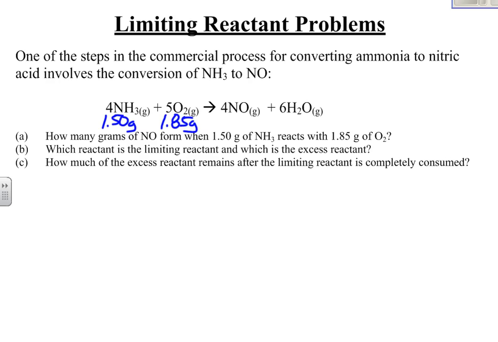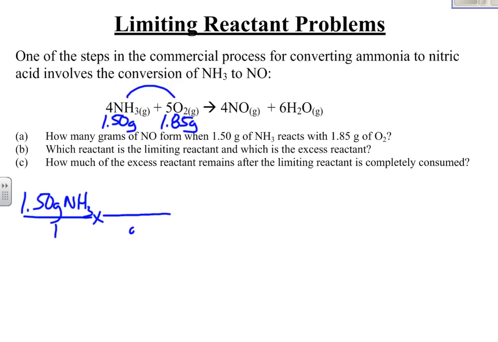And all we do there is we choose one of them and figure out how much of the other one is needed. So I'm going to start with the ammonia and say that if 1.50 grams of ammonia reacts, I'm going to try and determine how much oxygen is needed. So again, if I'm going to use the equation, I need to get to moles.